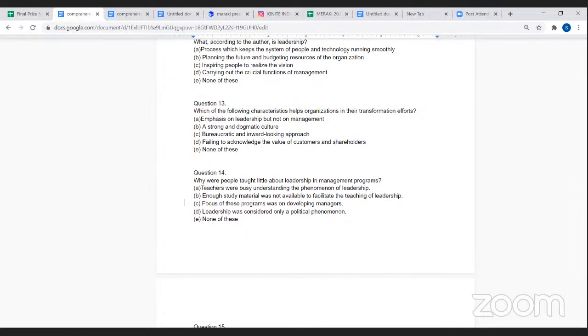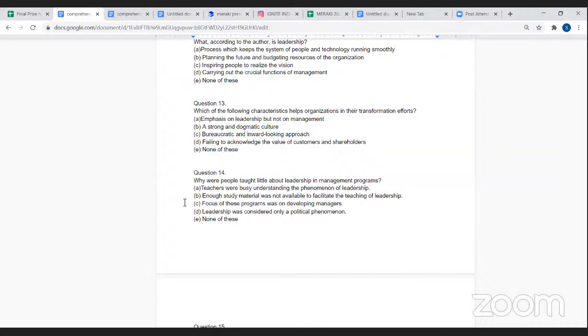Question 13. Which of the following characteristics help organizations in their transformation efforts? Not A. When we go back to the definition of management again, it was what helps the change, right?